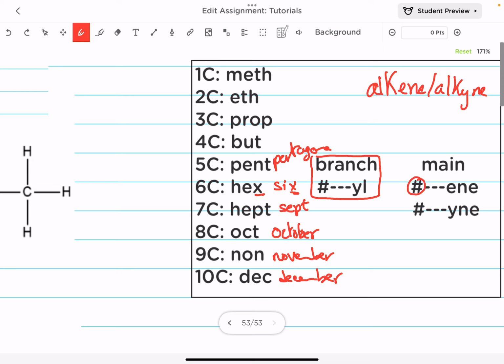You then mention the name of the carbons you are naming. For example, if I have a chain of 6 carbons, I would say hex, and then I will end it with ene. But I have to put a number before hexene to locate the double bond. So for an ene, there's a double bond, and for an yne, there's a triple bond.